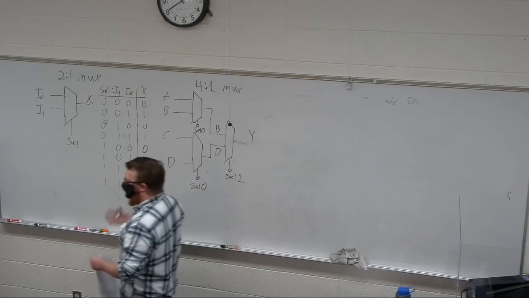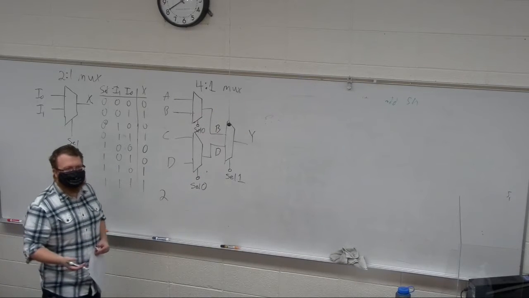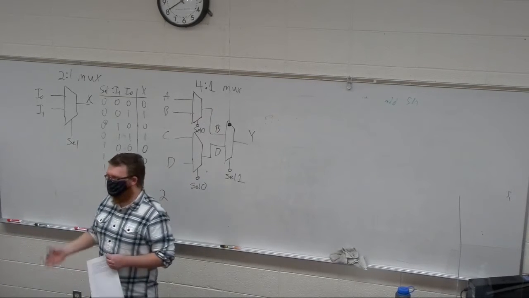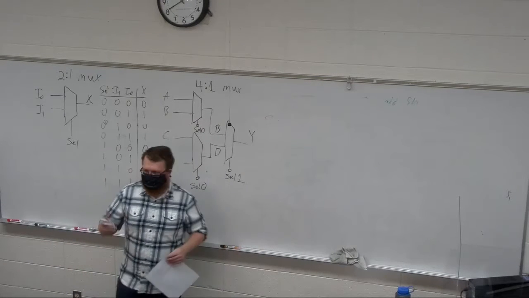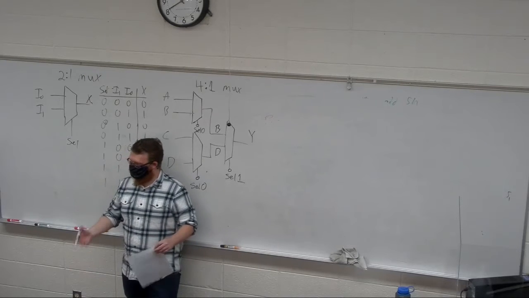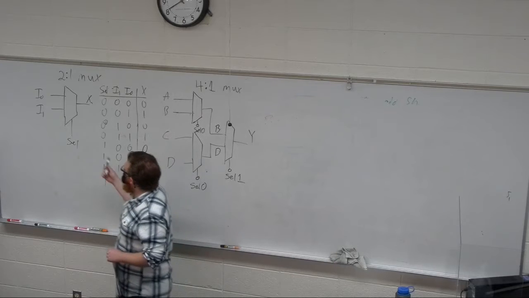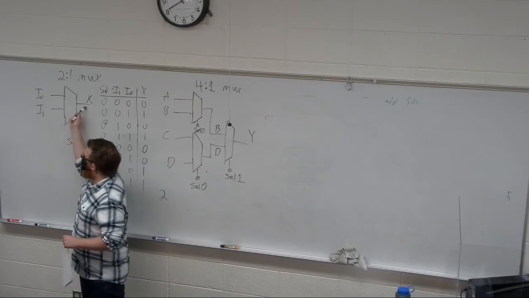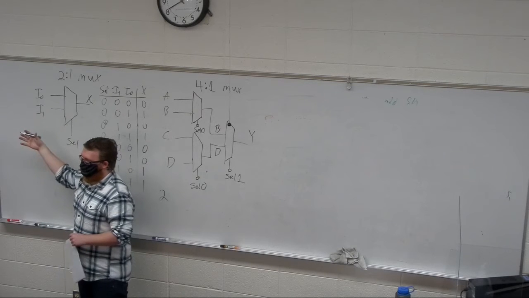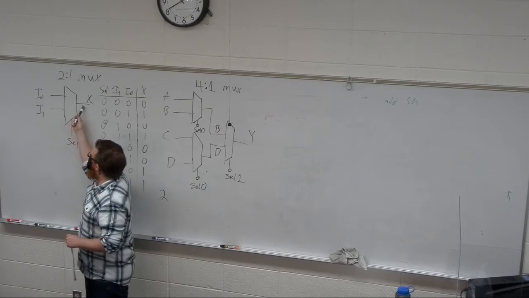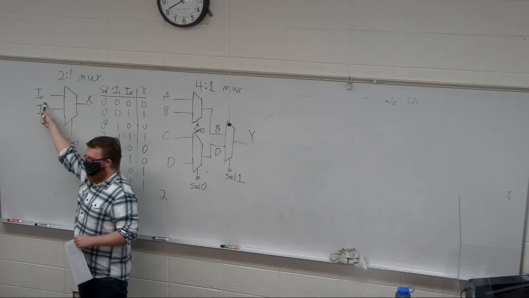Something I do want you to be aware of, just going forward, there are 2 types of muxes. There's an analog mux and a digital mux. A digital mux is most of what we care about in this course because it's digital systems. What a digital mux does is it just assigns this value to X, indirectly. So it essentially pulls the output up to 1 or down to 0, depending on what the input is.